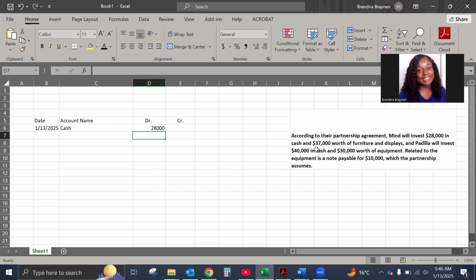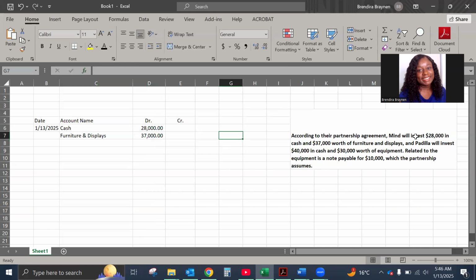On the other hand, there's $37,000 worth of furniture and displays. Furniture and displays is going to be the name of the account. Normally, the sentence tells us, and so we're going to use furniture and displays as our next asset account, and it's worth $37,000.